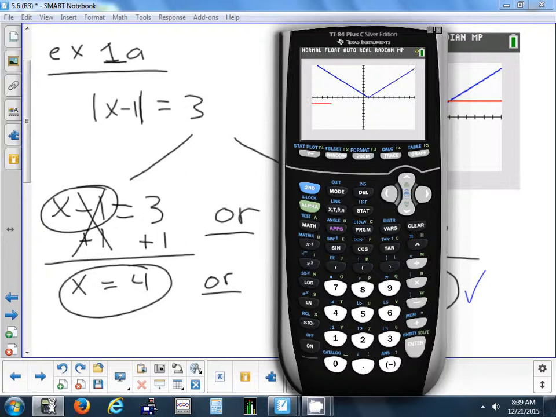How many times is the red line touching the V shape now? None. So this is the kind of problem where if you went to solve it, we're going to look at one like this in a second, you'd have no solution. So you get 0 solutions, 1 or 2. That picture kind of helps explain why.